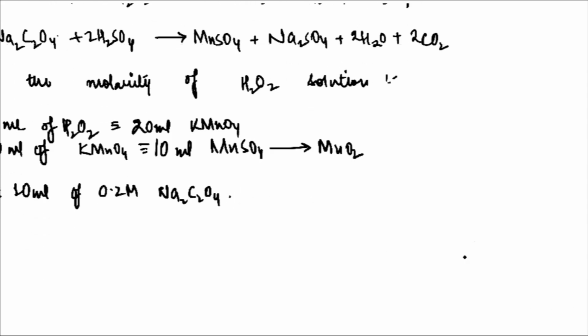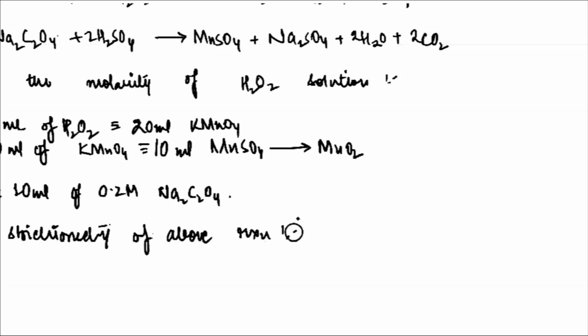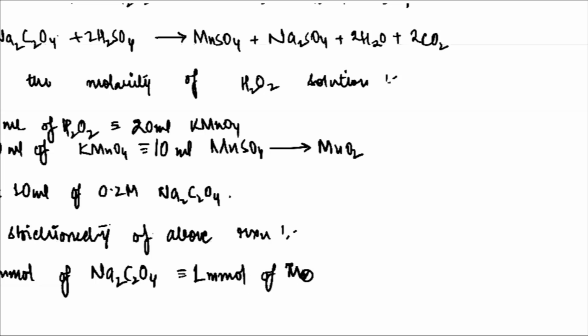Now, from the stoichiometry of the above reactions, 1 millimole of Na2C2O4 is congruent to 1 millimole of MnO2.